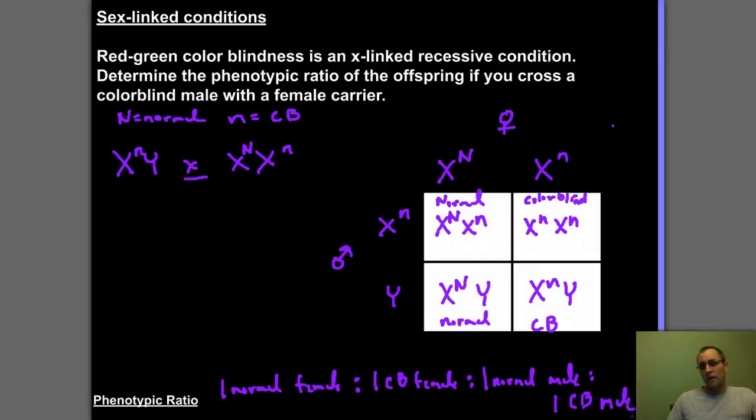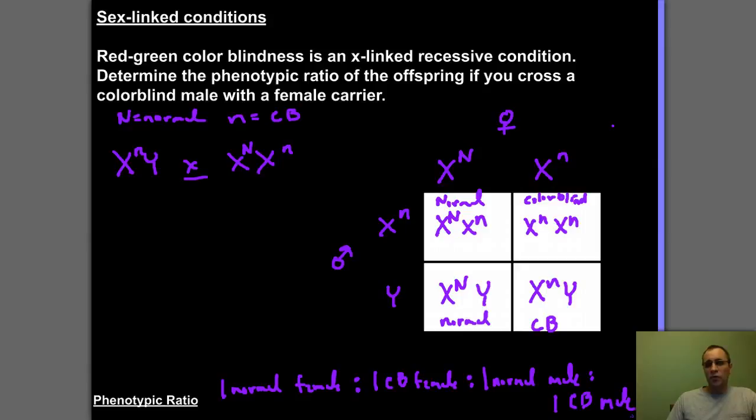Okay? Other ways of talking about this, you could say 50% of females in this case will be colorblind. You would say 50% of males will be colorblind. You could also say 50% of females born will be normal but carriers.